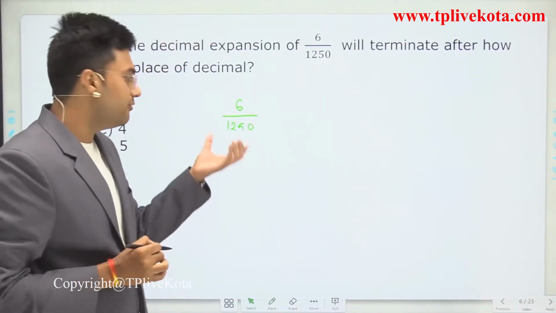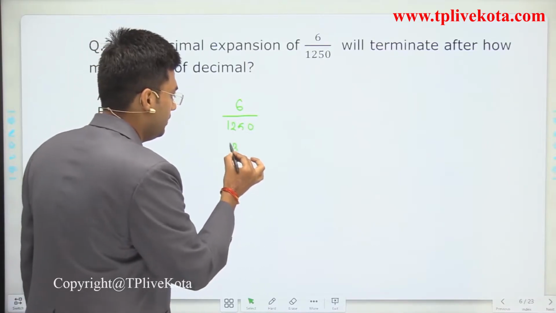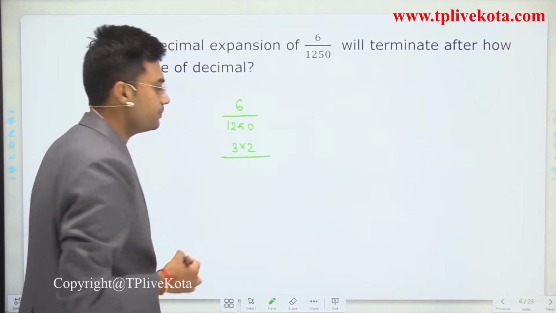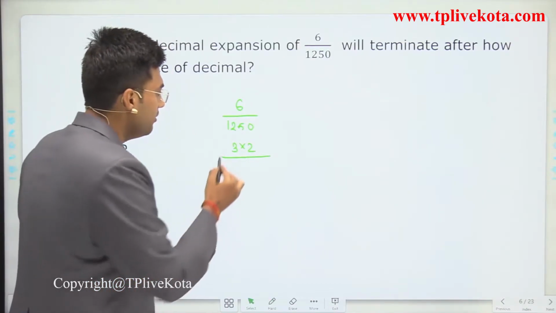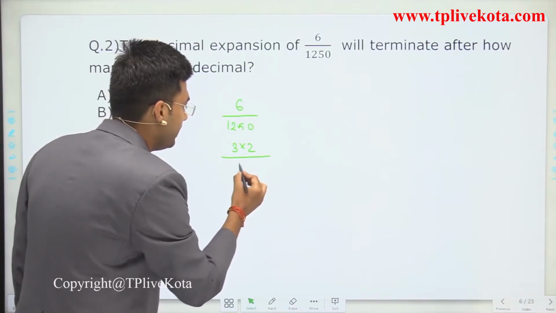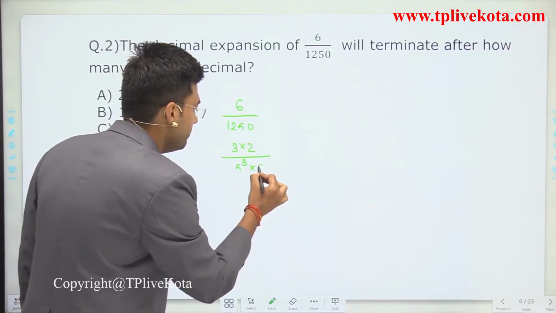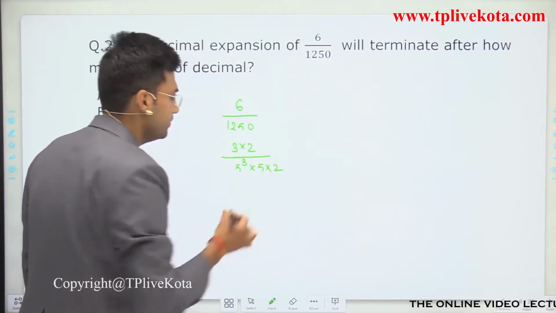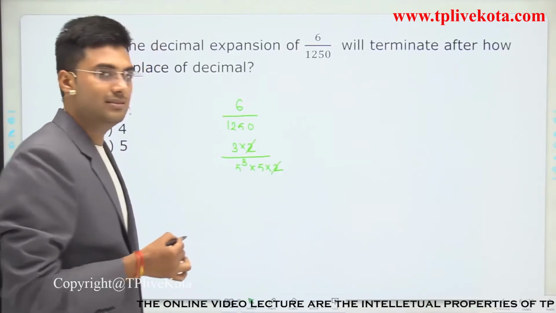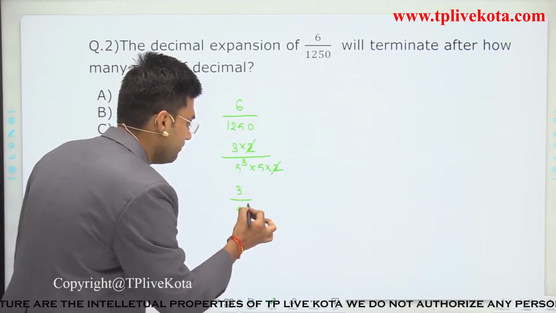Dear students, first of all prime factorize the denominator, and we can write the numerator as 3 multiplied by 2. Here we can write the denominator as 125 multiplied by 10, so it is written in the form of 5 multiplied by 2 multiplied by 5 power 2. When we solve this, 2 and 2 cancel out and we will get only 3 divided by 5 power 4.